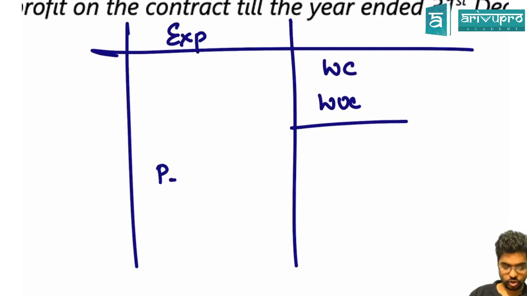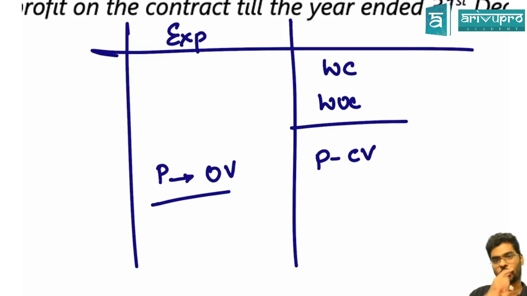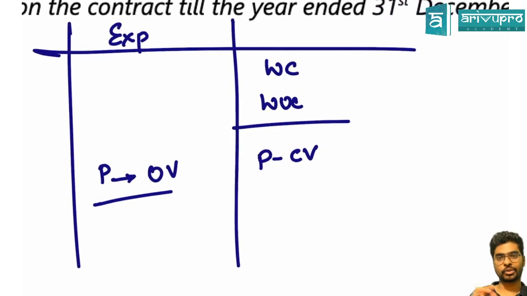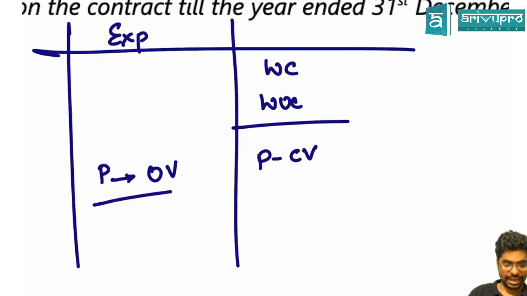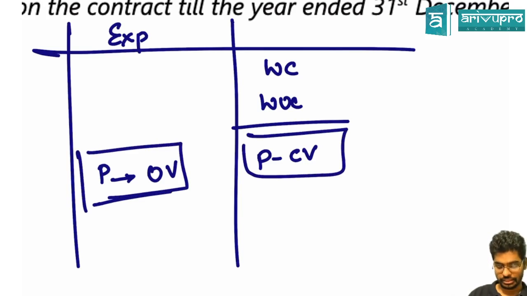Rather, I will show plant opening value and plant closing value, and automatically depreciation gets recorded. Are you clear? So the only change from my regular accounts is that I'll have my plant opening account here, plant closing account here. That means the difference automatically makes the debit more. Therefore, depreciation gets recorded.